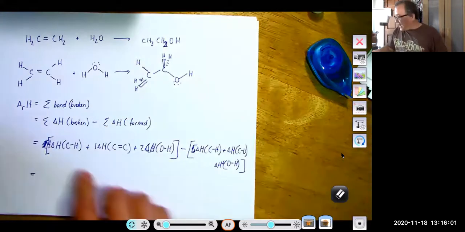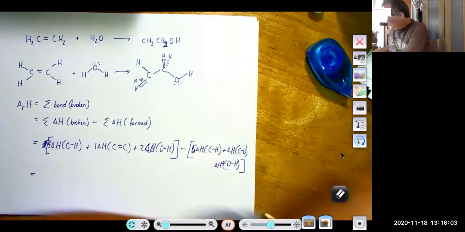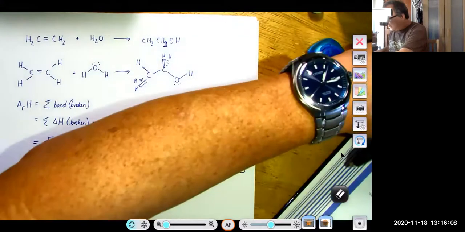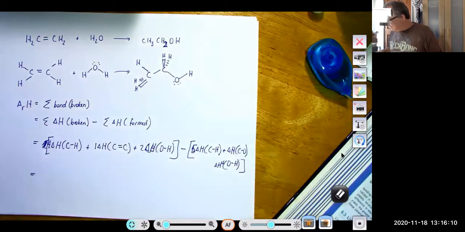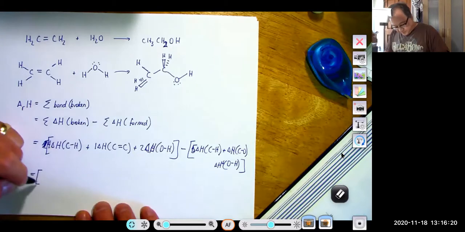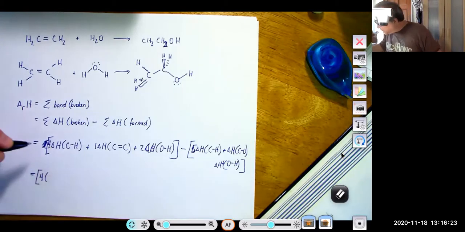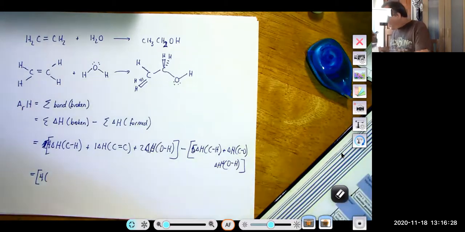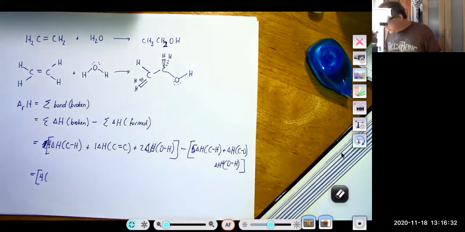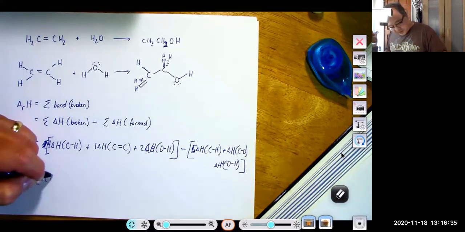So when we look up these values in our book, they are on page 392 in the 10th edition. The carbon-hydrogen bond is 413 kilojoules.